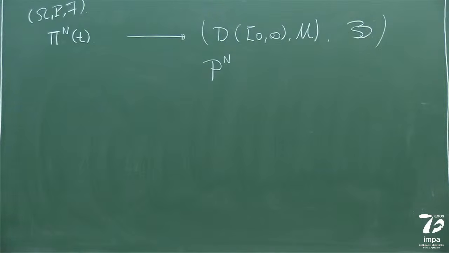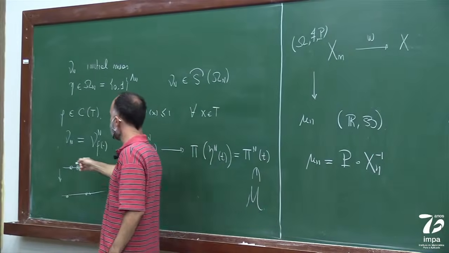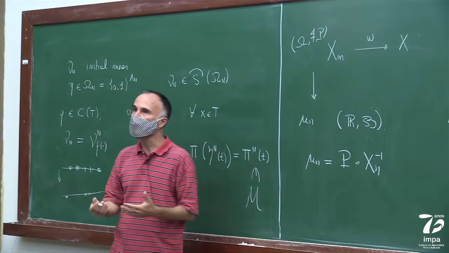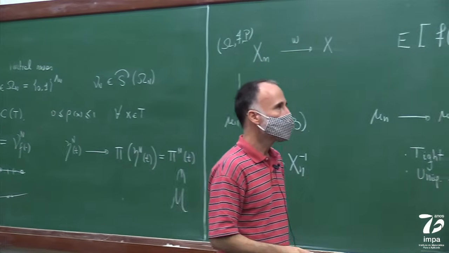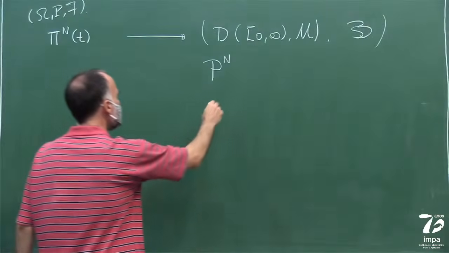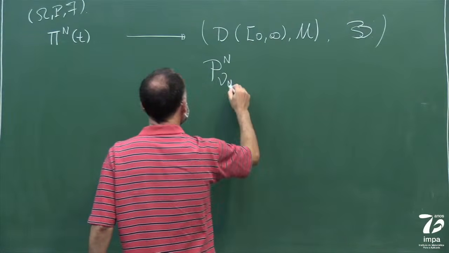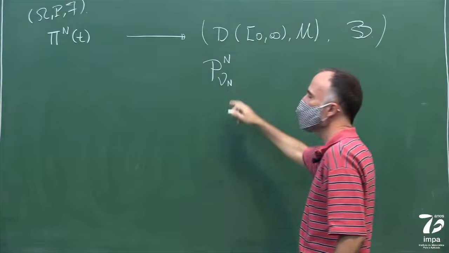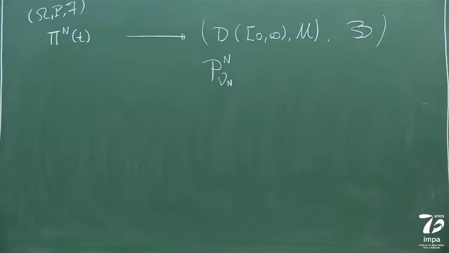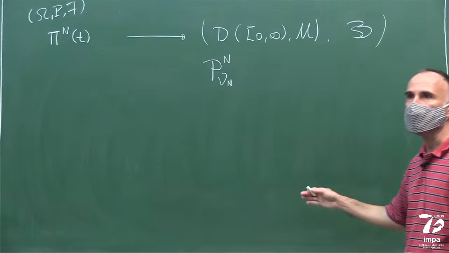And just to remind what is the initial measure, the initial distribution, I will add a subscript by saying that, well, we started from the initial distribution of eta. It's given by nu n.